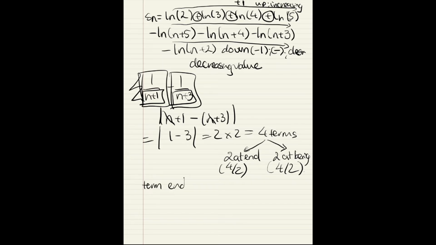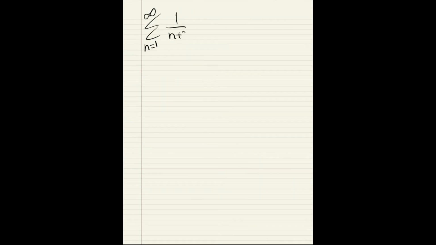Term n equals, with the number of terms beginning: 1 over n plus 2 minus 1 over n plus 5.